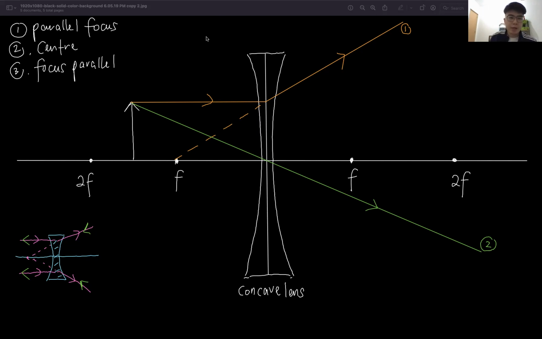So I'm going to draw here. I have a light ray that is directing towards the focal point. Let me put it somewhere here. Okay, like this. Let me adjust a bit. Okay, I have an incoming ray that is directing towards the focal point. Okay, I use a different color.